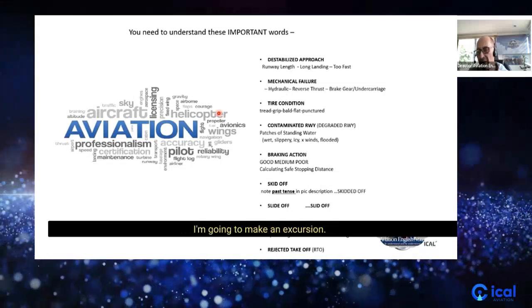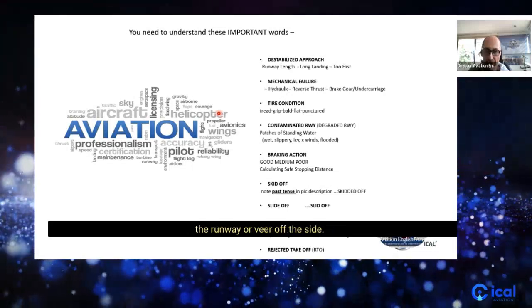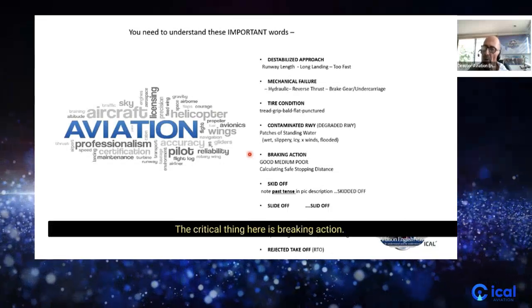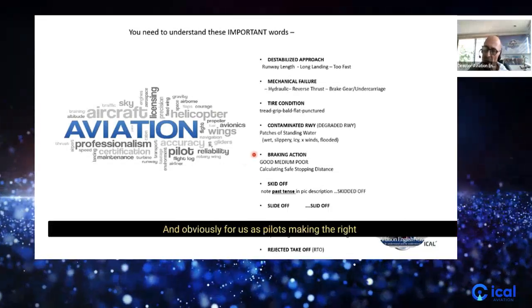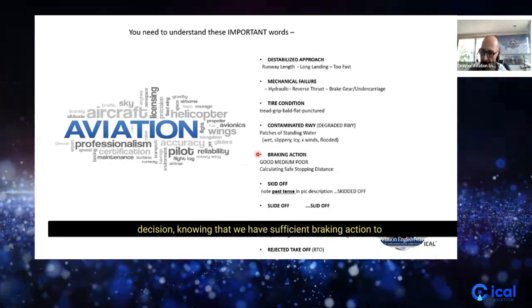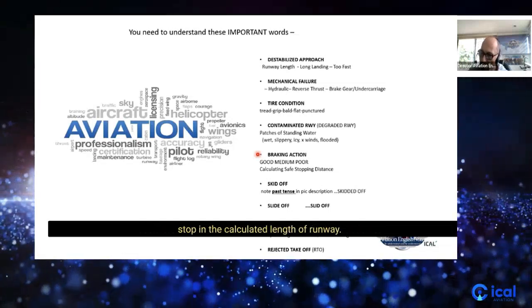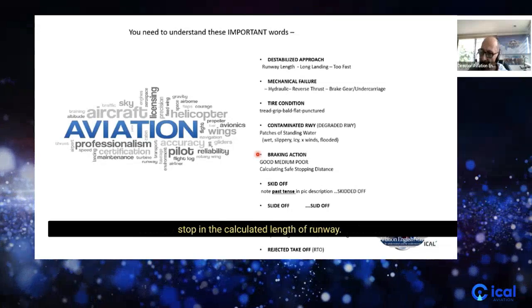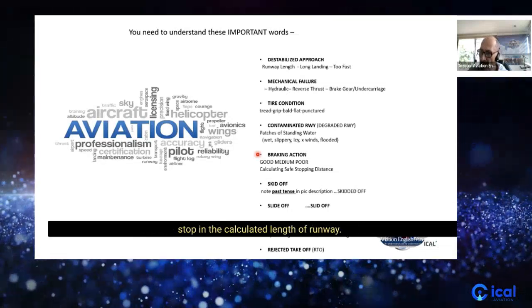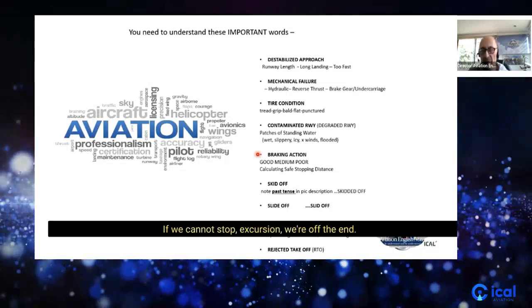I'm going to make an excursion. I'm going to go off the end of the runway or veer off the side. The critical thing here is braking action. And obviously for us as pilots, making the right decision, knowing that we have sufficient braking action to stop in the calculated length of runway. If we cannot stop, excursion, we're off the end.